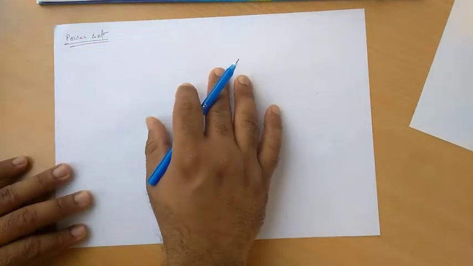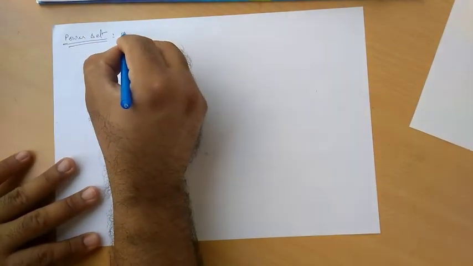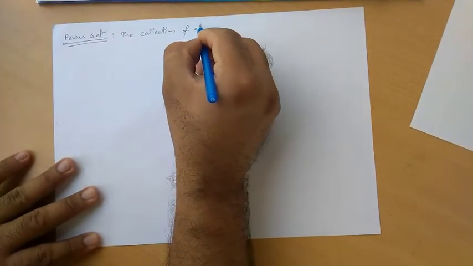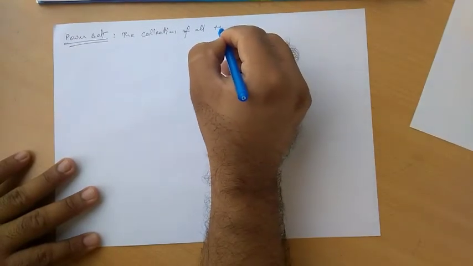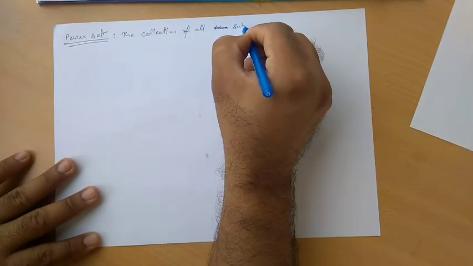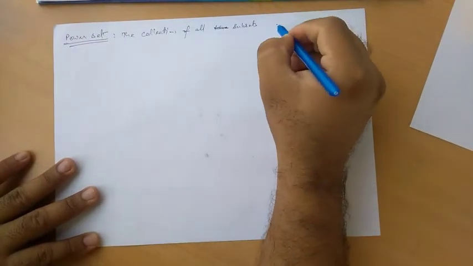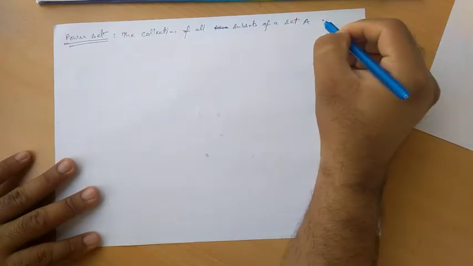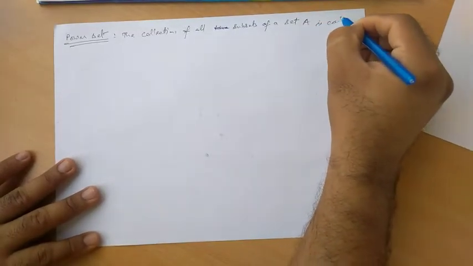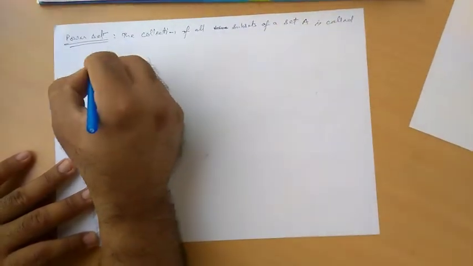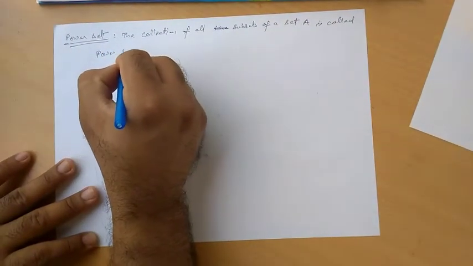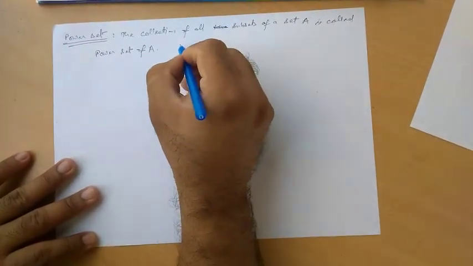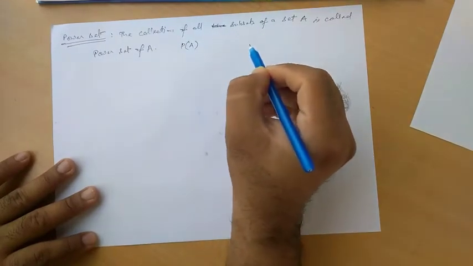We will see that power set, the collection of all subsets of set A is called power set of A, and it is denoted by P of A.